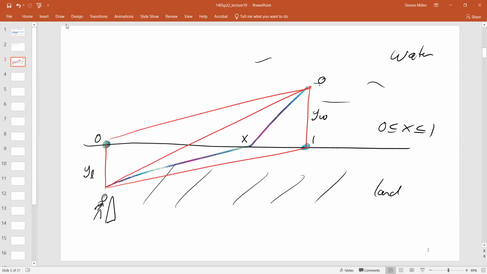How fast does the lifeguard run on land? Can anybody tell me what unit of measurement a furlong per fortnight is? Really?